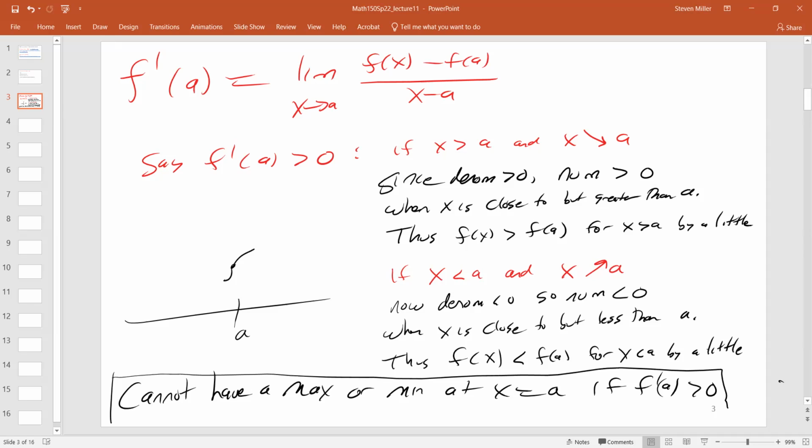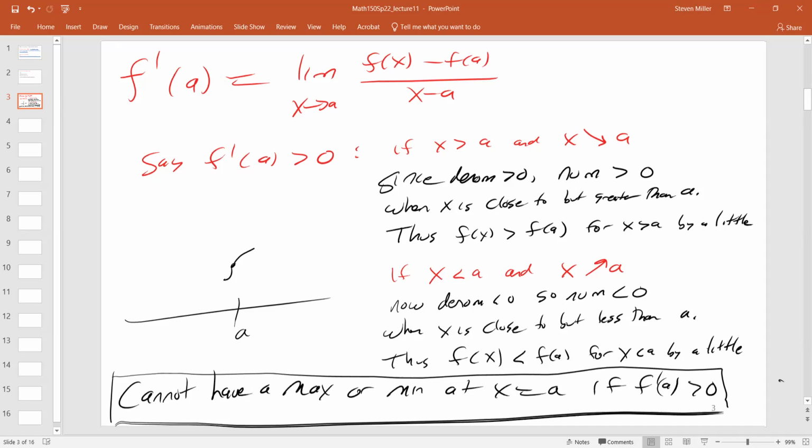Okay, well, this was the case of f prime of a greater than 0. What if f prime of a is less than 0? Could it have a maximum? No, it's the same argument. Similarly, no max or min if f prime of a is less than 0.